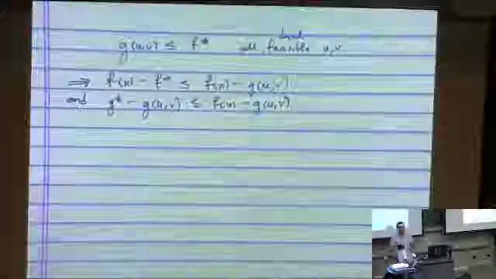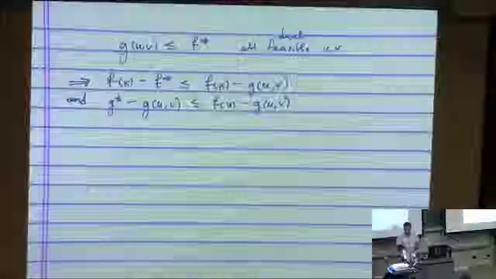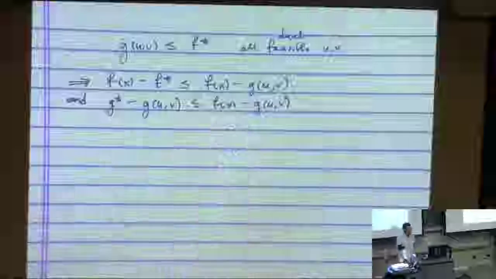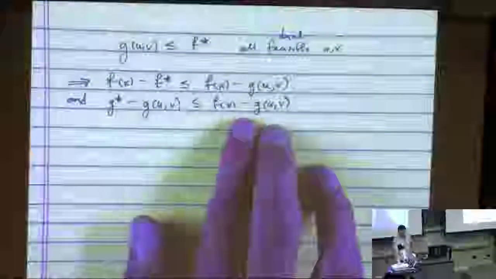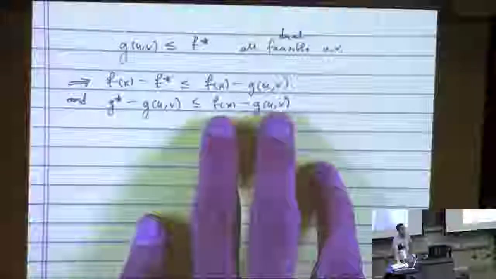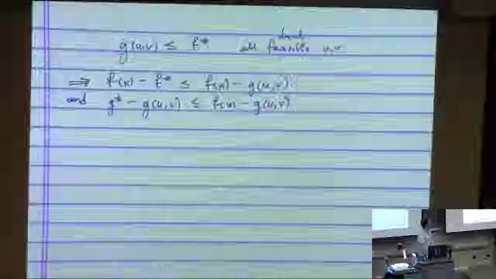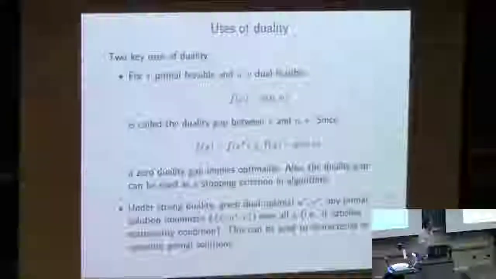Okay, so we know that how far we are away from optimality in either the primal or the dual is upper bounded by this duality gap. And this is something that we will see pop up in interior point methods, where we're going to keep track of such a quantity. So that's a very important algorithmic use of duality. Here's another important use of duality. It's less algorithmic, but it's also very practical.